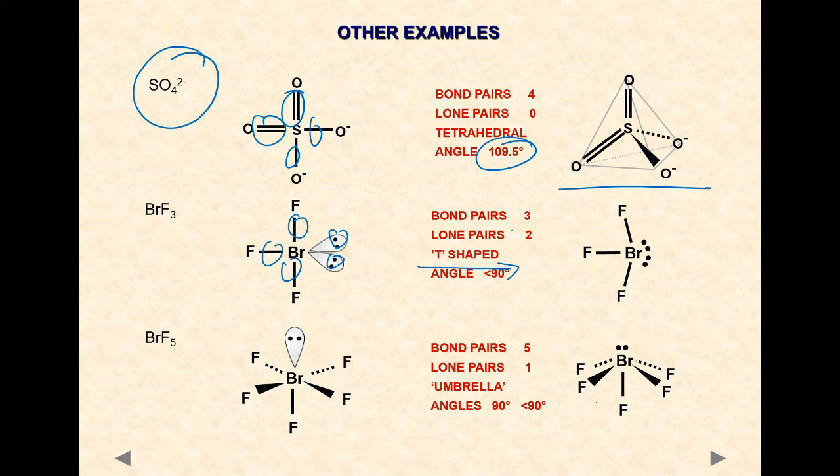Same applies, you have this molecule, it has 1, 2, 3, 4, 5 bond pairs and 1 lone pair. So it will be more or less shaped like an umbrella with 90 degrees bond angle.